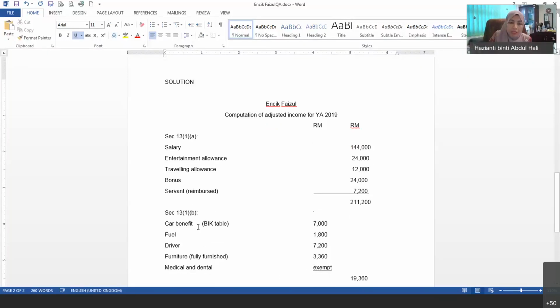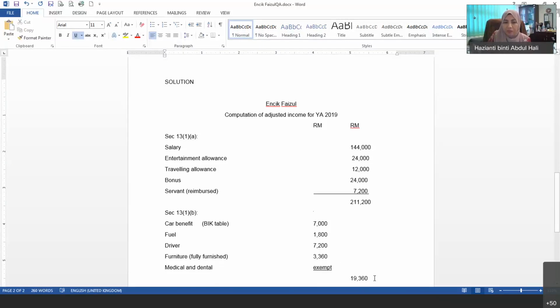Because this is counted in the marks. So don't think that, oh, medical and dental is exempted, so I don't have to put it here. No, you have to put everything here, all right? Because the item is counted for the mark. So he has medical and dental, but it is exempted. All right, so the total for section 31B would be 19,360.